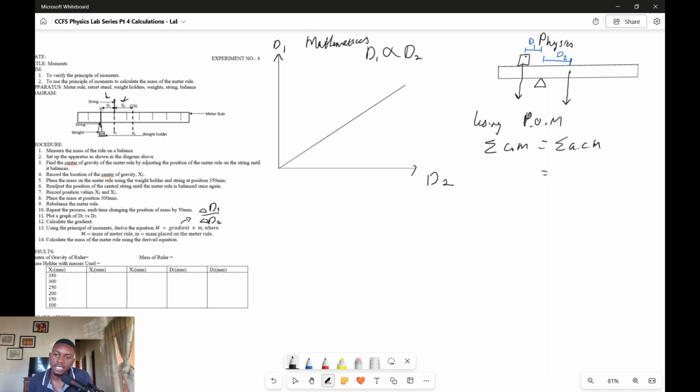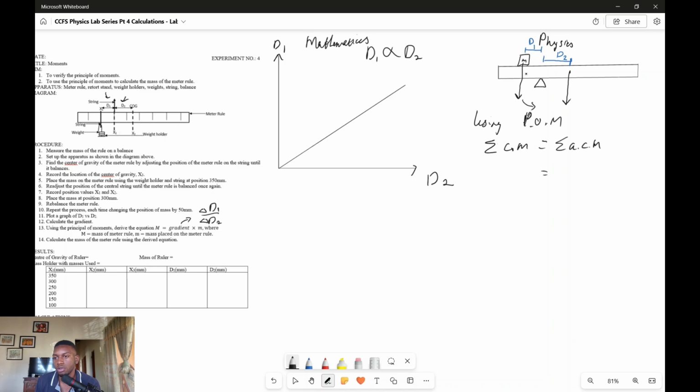Cool. So let's look at this, the mass. This is the force of the mass itself, the mass holder. I'm going to use M for mass holder. The mass and the mass holder exert some force down on our ruler, and if this were to rotate, what direction would it rotate?